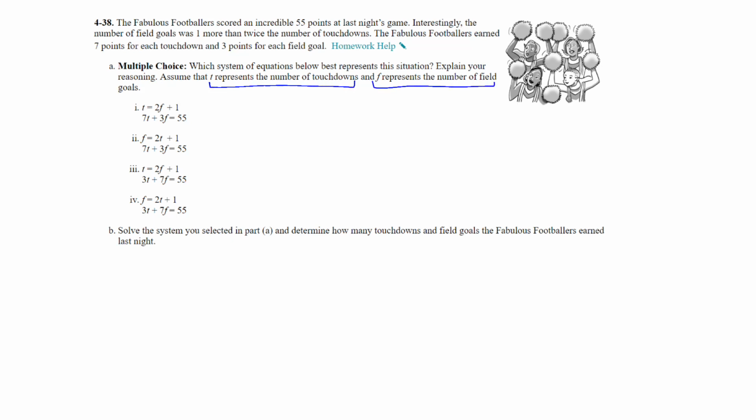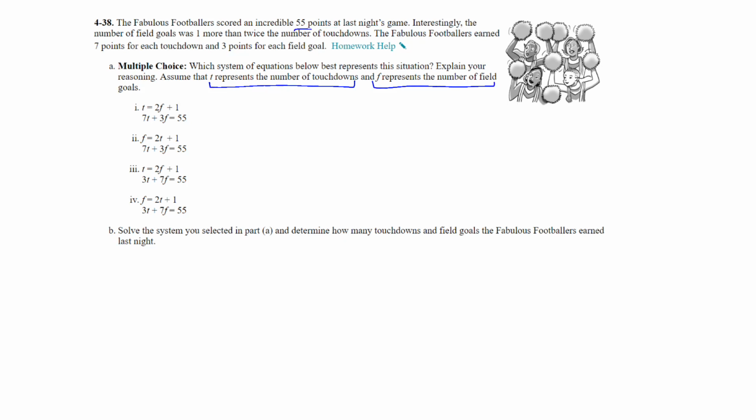So they're letting T represent the number of touchdowns and F represent the number of field goals. So they've already written the let statements, and we just need to figure out which one of the four systems below represents the scenario. So once again, the fabulous footballer scored an incredible 55 points last night.